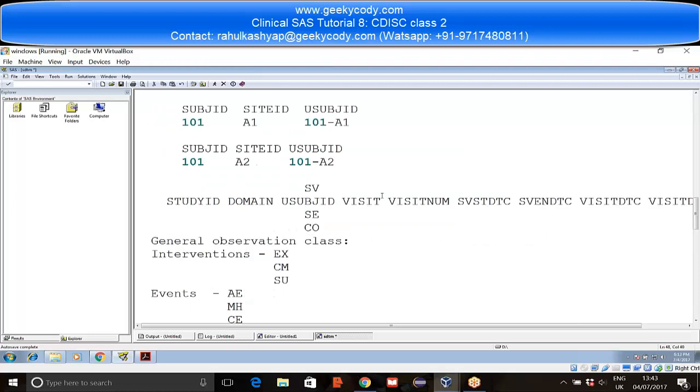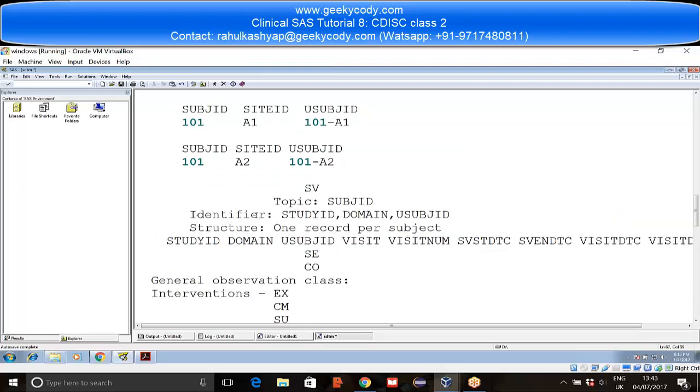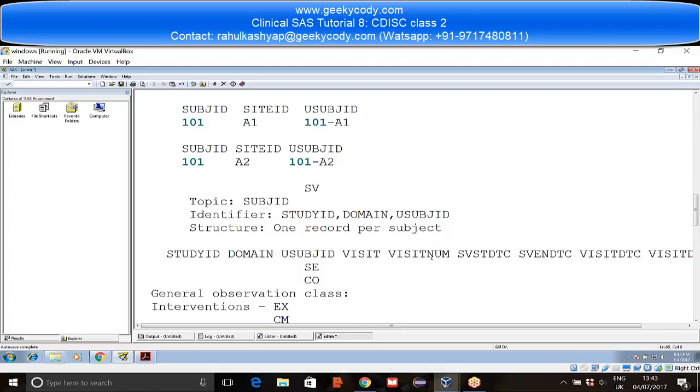For each and every domain, we should know these three things. What is the topic variable there? The topic variable is about what we are talking about here, visits. That complete information is based on this name itself, subject visit. So visit is the topic variable and identifiers are the same. Here it is one record per subject per visit.